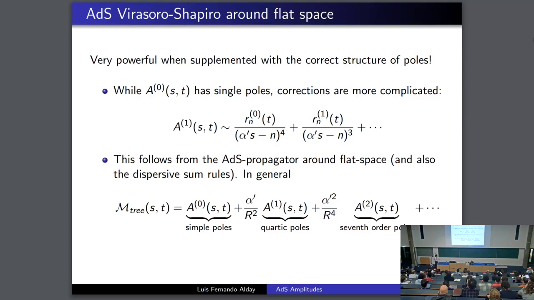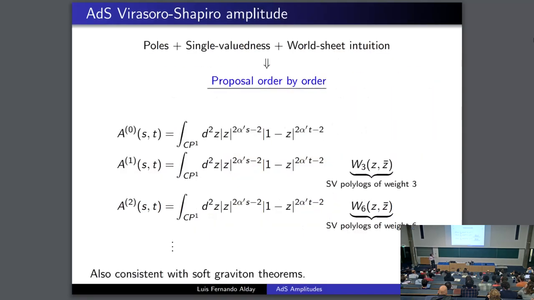And it turns out that this structure makes us propose the following ansatz. And here comes the ansatz. Remember that Green, Schwarz, and Witten told us that A0 has an integral representation, which is an integral representation like this, okay?